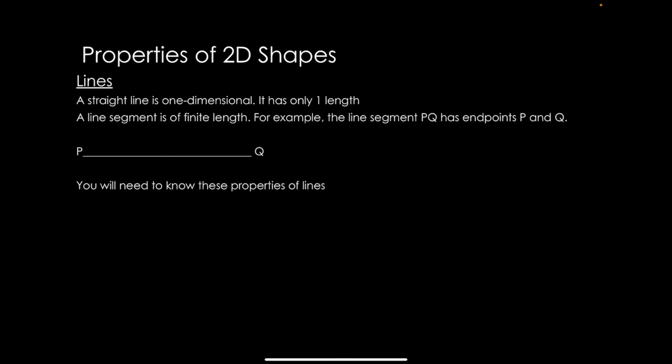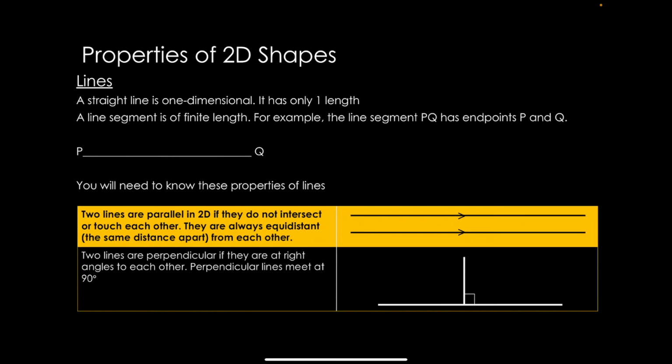Now you need to remember that there are two types of important lines. Two lines are parallel, like these two just here, if they do not intersect or touch each other. You might remember that from school, but these two lines are parallel because they do not touch and because they're an equal distance apart.